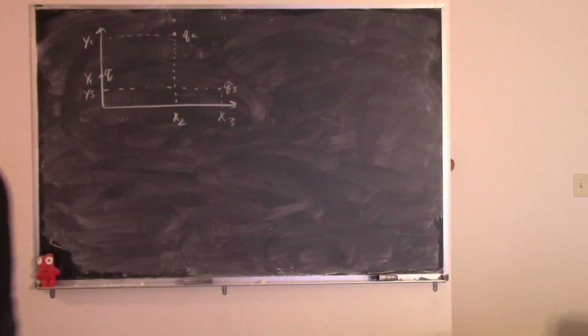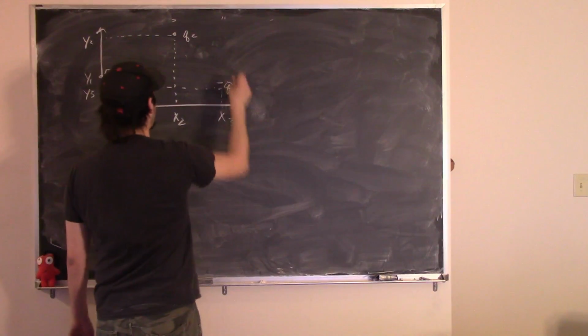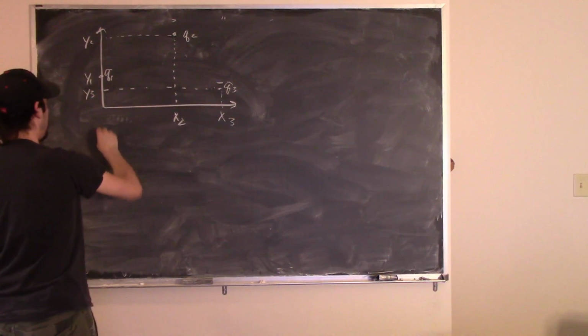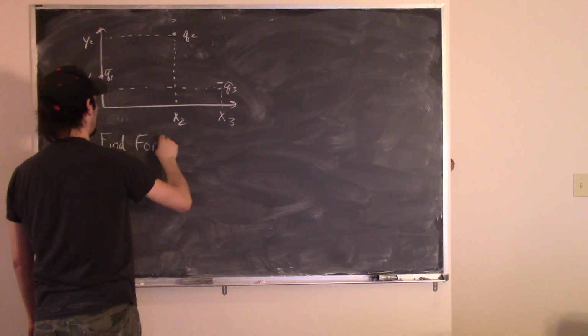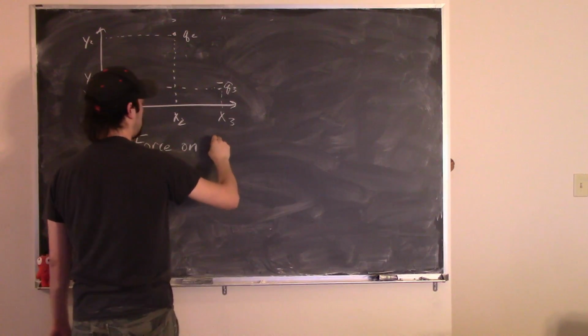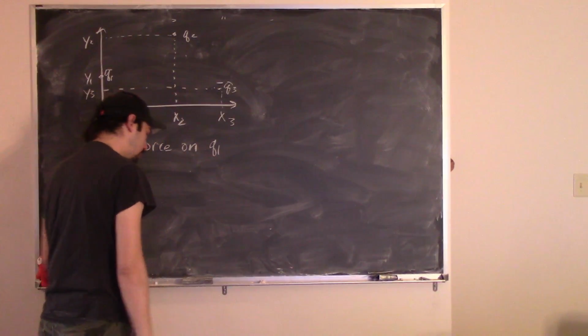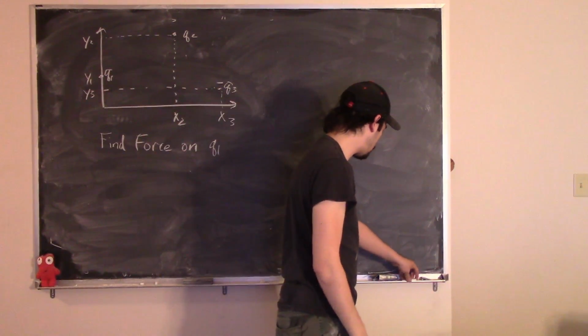And does it give us what these are relative to each other? This is a minus q3. Okay. And what we want to do is we want to find the force on Q1.